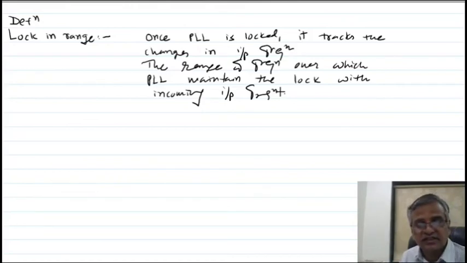The locking range is always represented as a percentage of the free running multivibrator frequency FO.